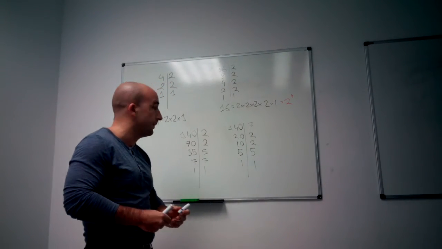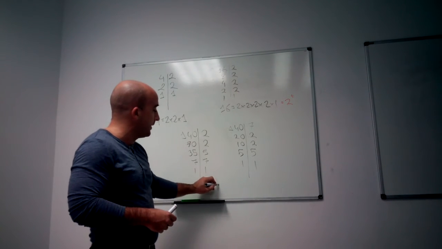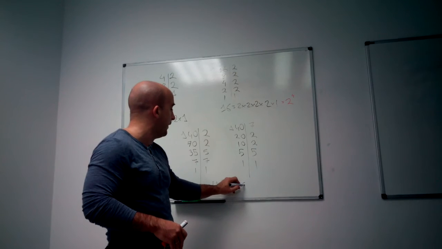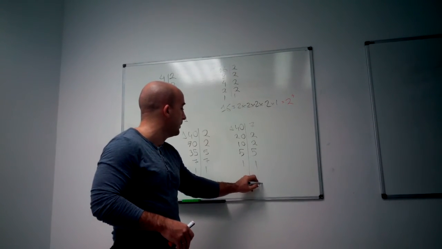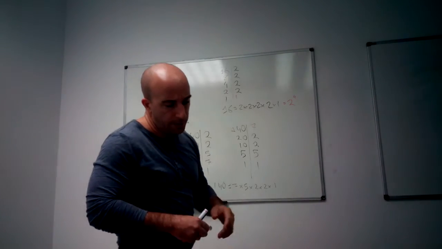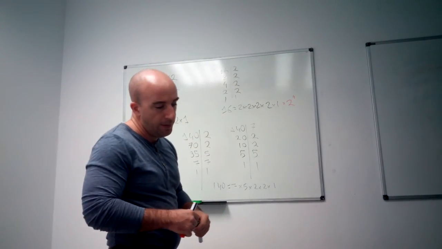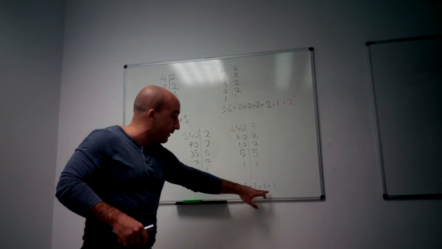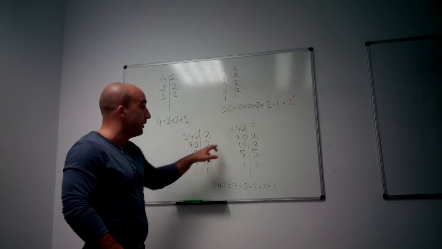In both cases, you get the same, obviously. 7, 5, 2, 2, and 1. So that's the factorizing of the number 140 done in two ways.